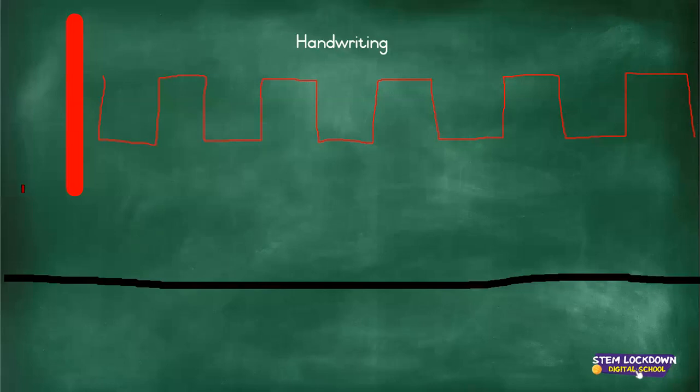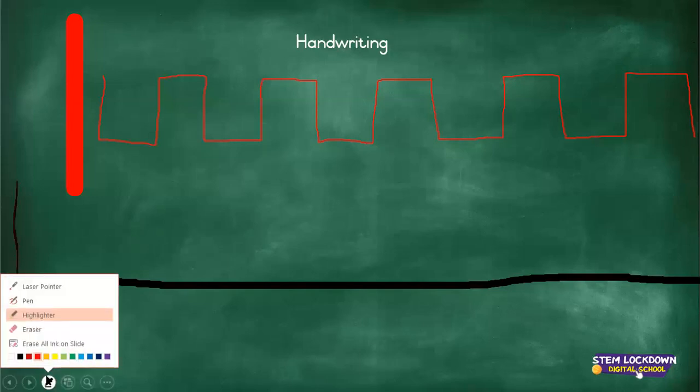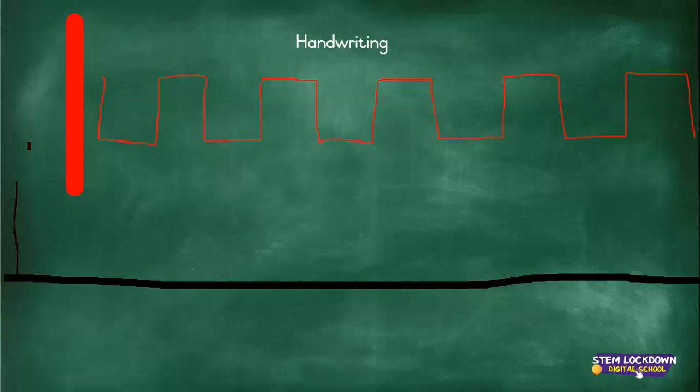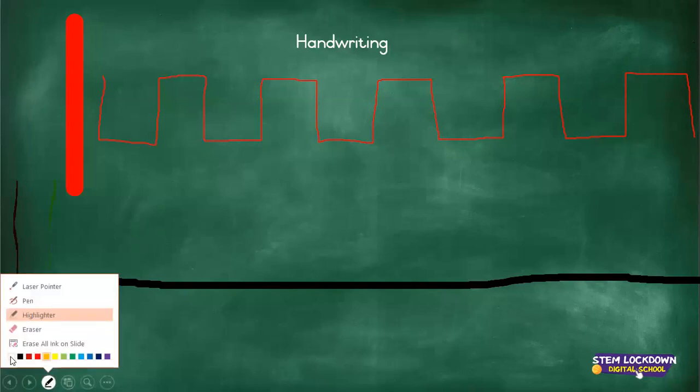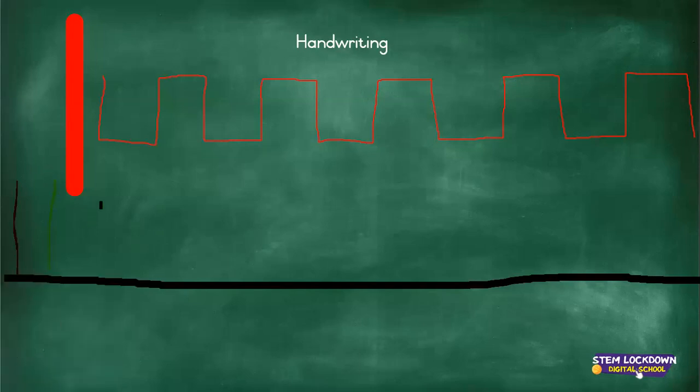Okay, so watch carefully. We're going to do a lowercase l, and we start from the top and we just go straight down. Oh, I'm struggling to make it very nice and straight. I'm just going to change the color so that it's nice and bright for you, okay? Let's use a black color.